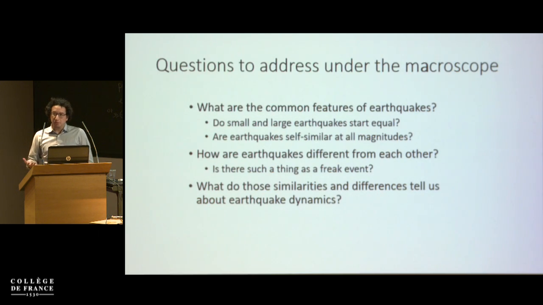And some of the questions that we'll be asking of these catalogs are: what are the common features of earthquakes? My colleague Menandrin Meier's initial main motivation was earthquake early warning, so he's part of the earthquake early warning project at Caltech.